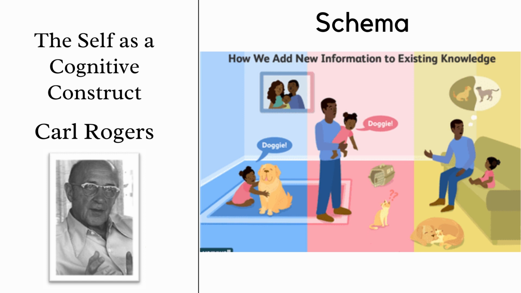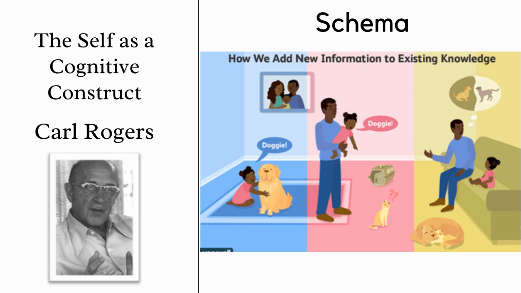Then, another situation. When the child encounters another animal, and in the picture it's a cat, so she encounters another animal for the first time, the child might think that it is also a dog. After all, it fits the description of what a dog is.